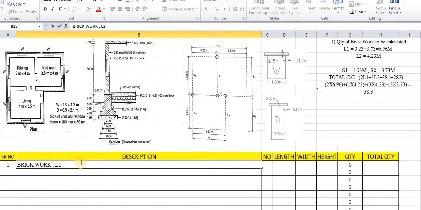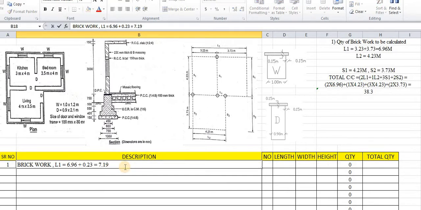Width and thickness are one and the same. So 6.96 plus 0.23, that is the width, comes to be 7.19.